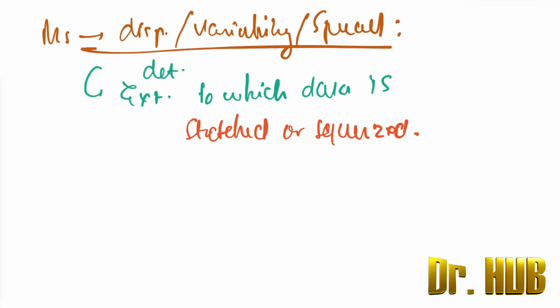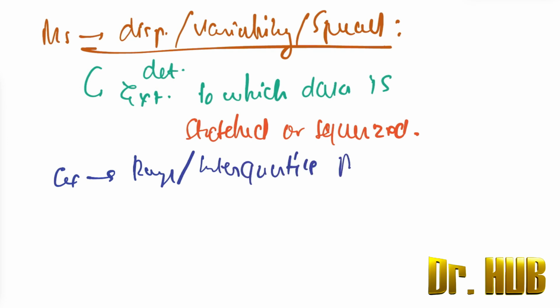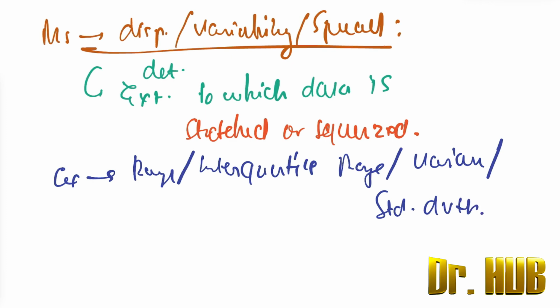What are the examples of this? They include the range, the interquartile range, then the variance as well as the standard deviation.